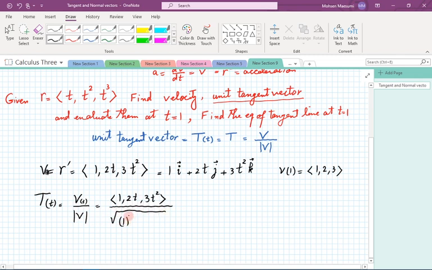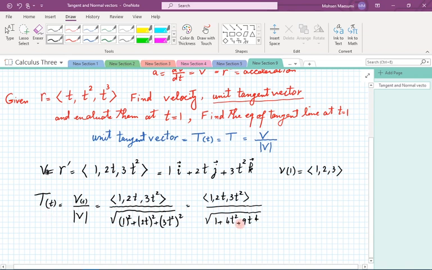So 1 squared, (2t) squared, and (3t squared) squared. So it becomes the vector 1, 2t, 3t squared, and in the denominator some expression, the square root of 1 plus 4t squared plus 9t to the 4. You notice the denominator is a rather complicated function. That's what makes the rest of this topic a little hard in terms of algebra and formulas.